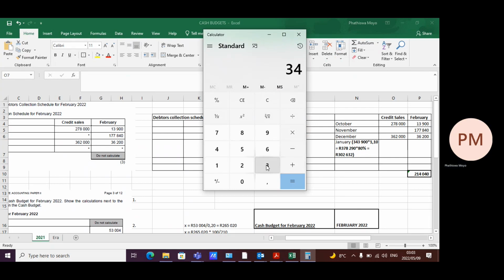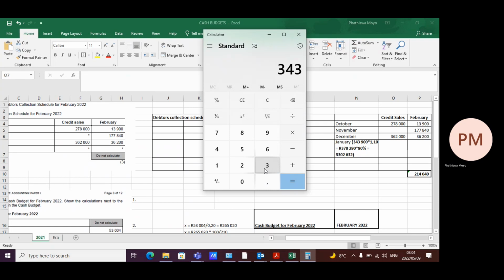So 300 is going to increase by 20. 343 times 120, which is the 20% projected increase.